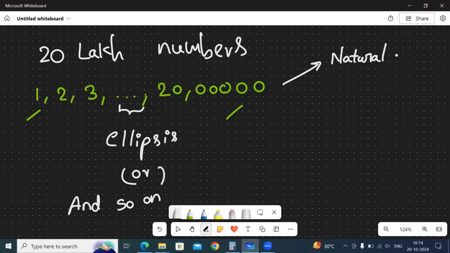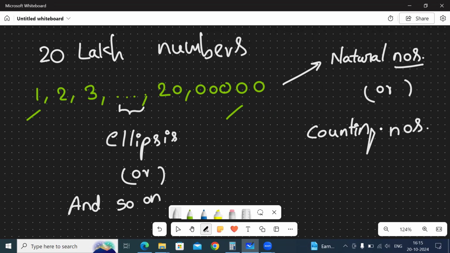In your school, you have probably heard this term, natural numbers. N is the short form to represent the word number. So I mean to say, natural numbers or counting numbers, either way you can call them.